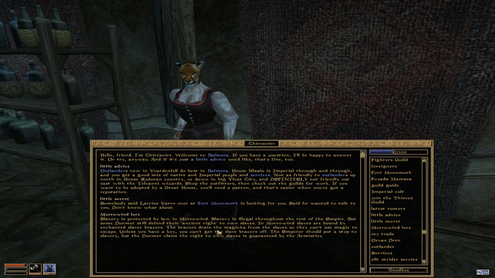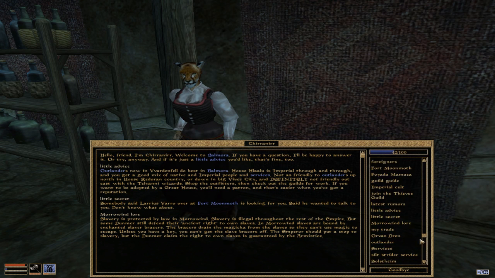The bracers drain the magicka from the slaves so they can't use magic to escape. Unless you have a key, you can't get the slave bracers off. The Emperor should put a stop to slavery, but the Dunmer claim the right to own slaves is guaranteed by the armistice.